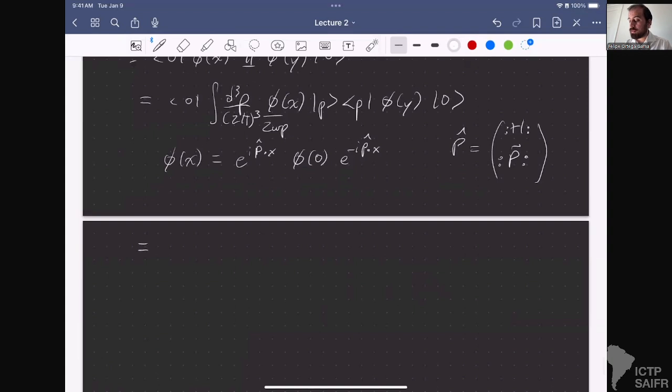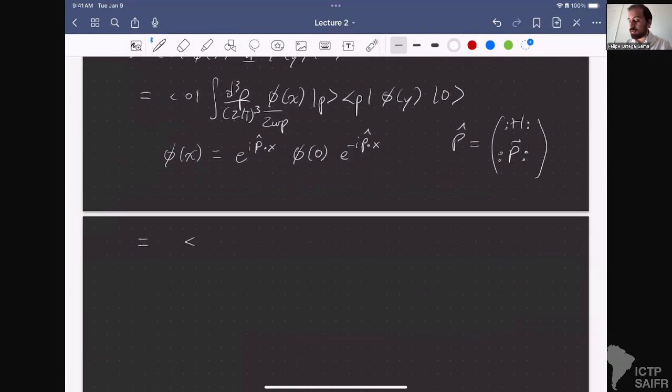If you use that simplification, you will get something that is independent of x, and so you get this integral over p.